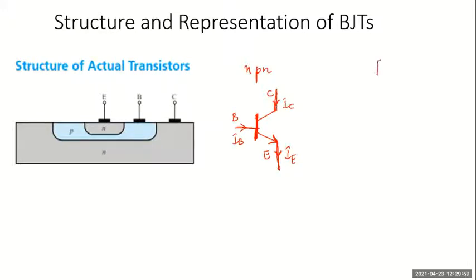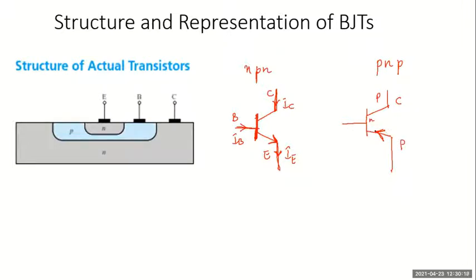Okay. Similarly, how do I represent a PNP transistor? Again, the base region, the collector and emitter. And in order to represent the emitter correctly, we always need to put the arrow mark on the emitter. So if this arrow mark is pointing inwards, this represents a PNP transistor.